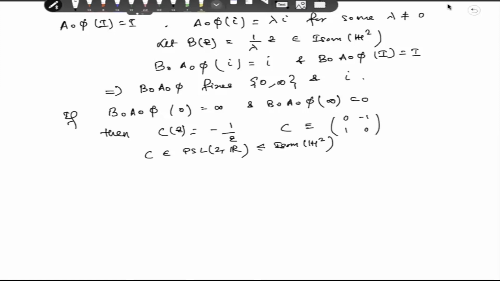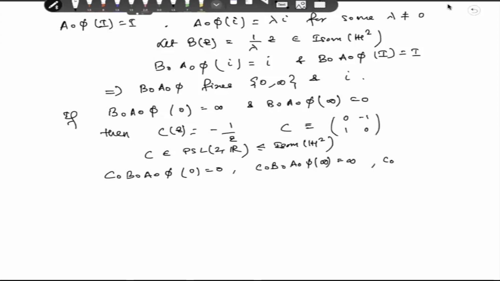And now let us take this isometry C compose B compose A compose phi. This isometry will fix 0, and it will also fix the point infinity.